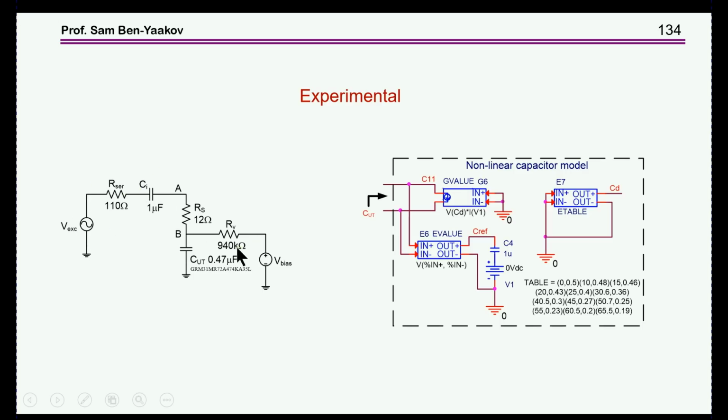We did some experiments here with this real capacitor, which we modeled here from the datasheet. In fact, it's not from the datasheet. We measured the capacitor, took the local capacitance with the same setup. We actually measured the local capacitance and then built the model for the time domain.